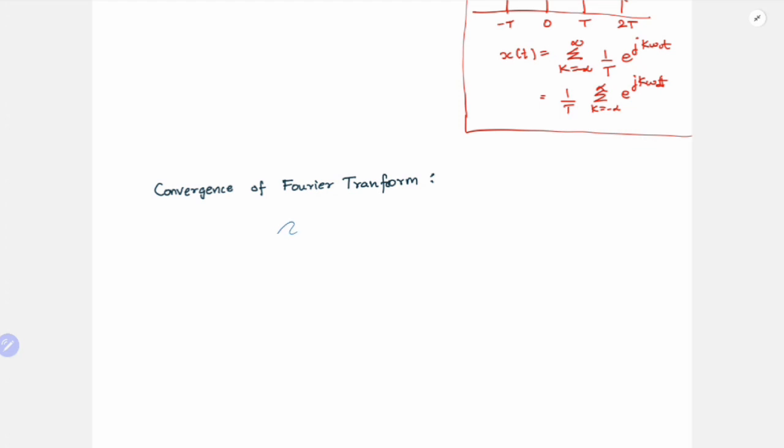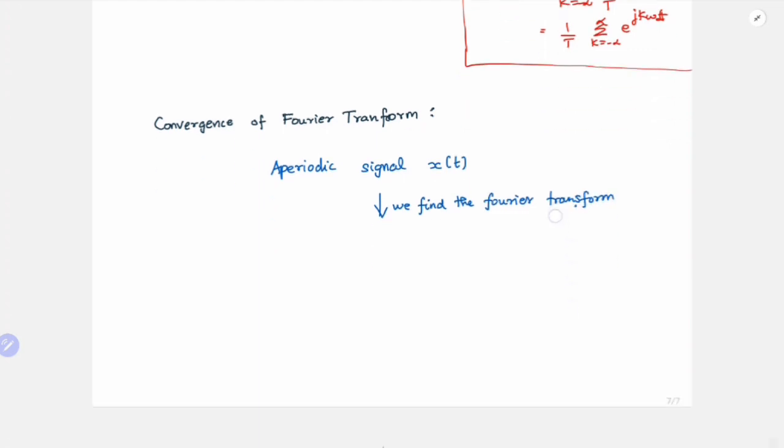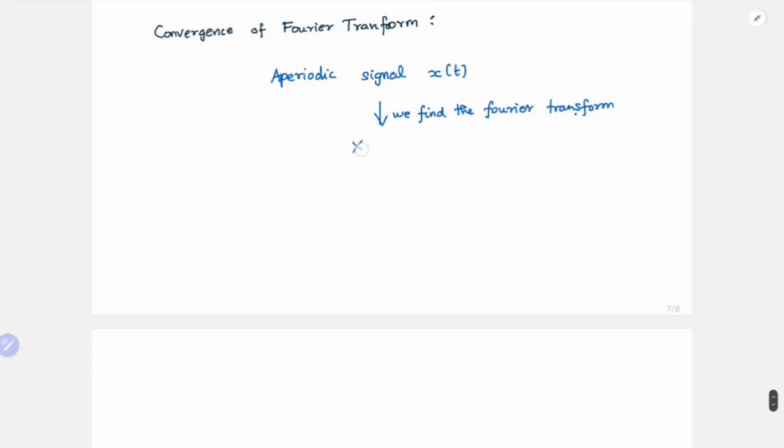So what we have is the aperiodic signal x(t), and then we find the Fourier transform, which is nothing but X(jω), and then we reconstruct x(t) using the inverse Fourier transform.